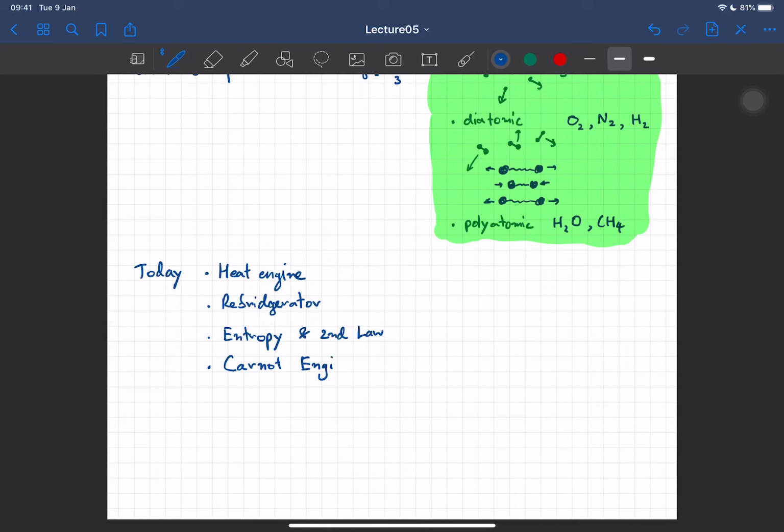Carnot is the name of a French physicist, which actually lived many years ago, like I think 200 or 300 years ago. And it's one of the few cases where his study is still kind of relevant nowadays. That's not always the case for physics, because the knowledge of physics evolves all the time.